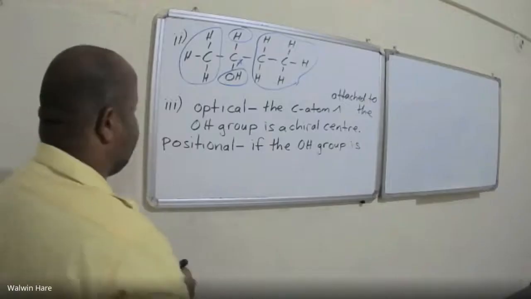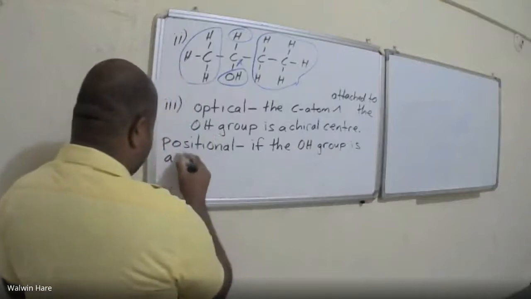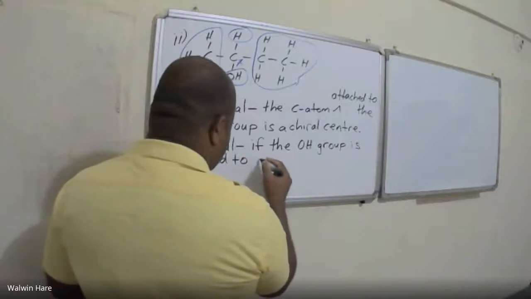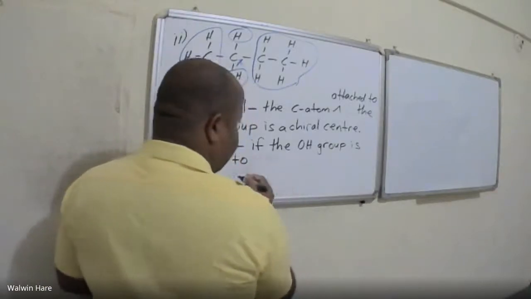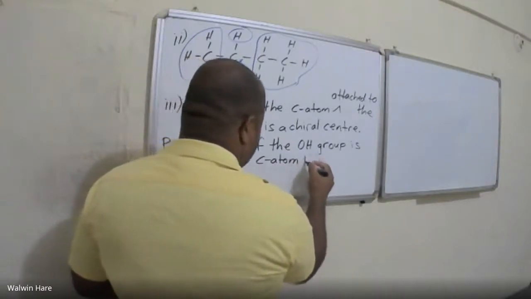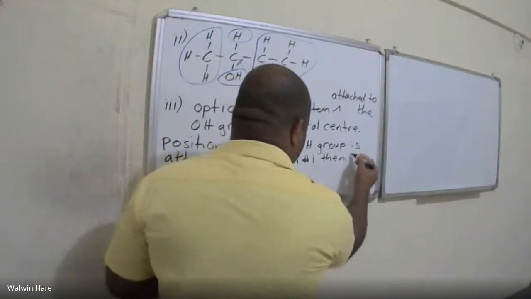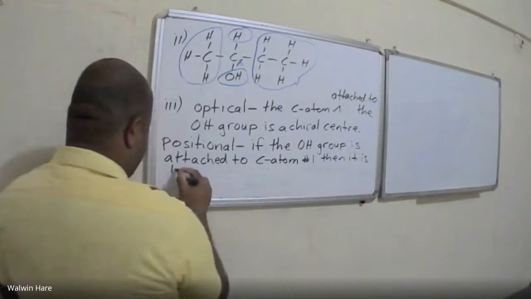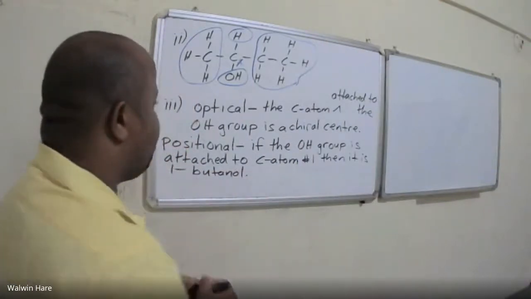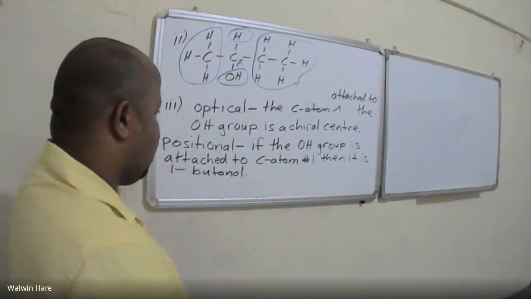Right, so positional: if the OH group is attached to carbon atom number 1, then it is 1-butanol. I can just put that the position of the OH group can be on a different carbon atom.